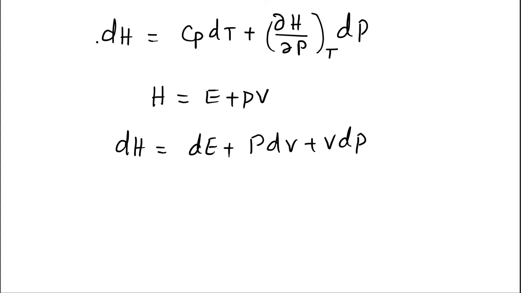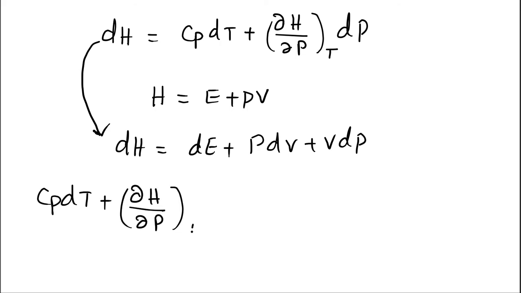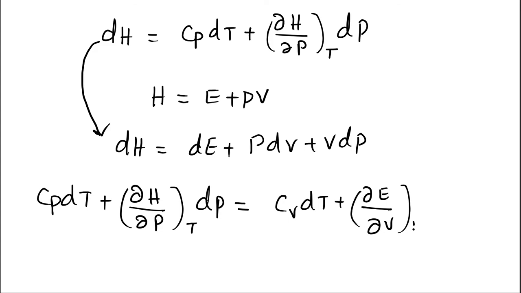Now let's substitute dH as Cp dT plus ∂H/∂P at constant temperature times dP, which is equal to dE. And what is dE? dE is Cv dT plus ∂E/∂V at constant temperature times dV, plus this term. What is that? PdV plus VdP.